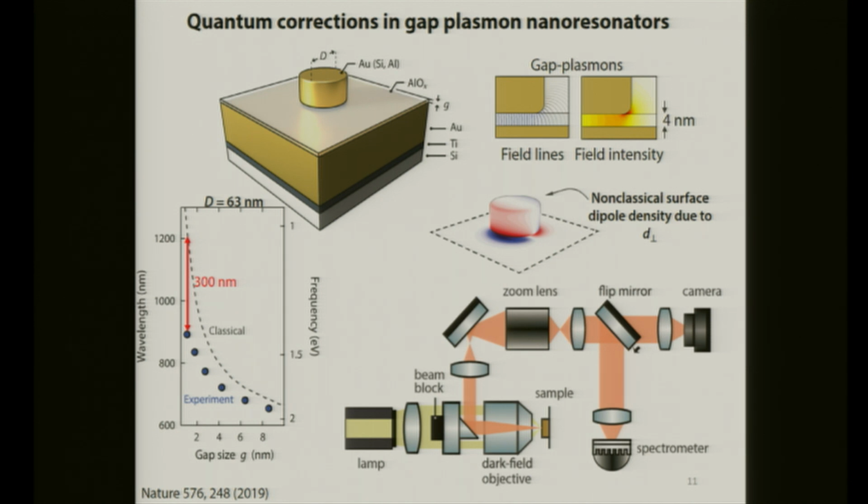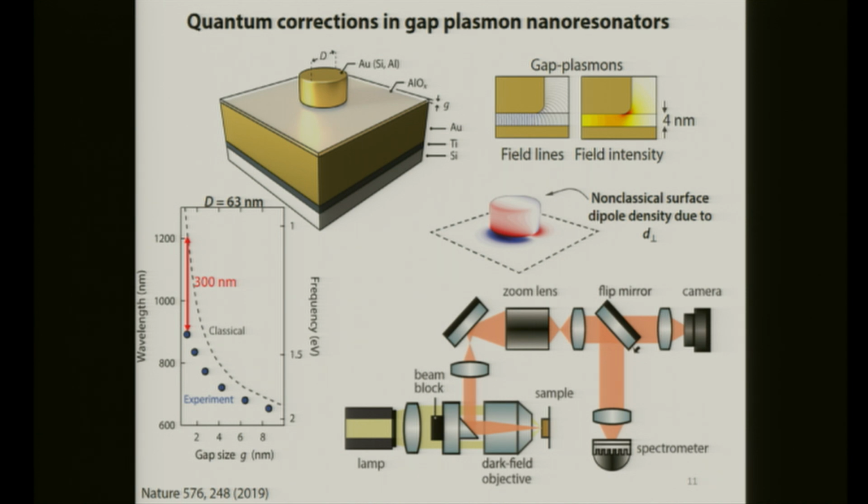But if you also do a non-classical calculation of the surface dipole density that's proportional to the D perpendicular term, you find that this surface dipole density is very pronounced near the gap region. This implies that in the experiment you may see very pronounced non-classical corrections. And that's exactly what we do.